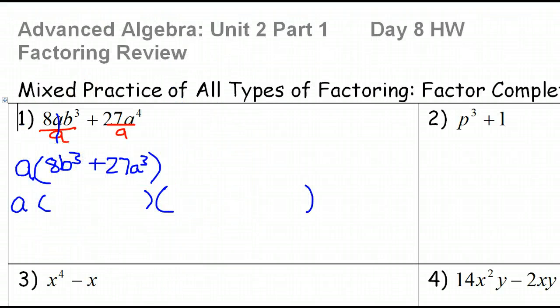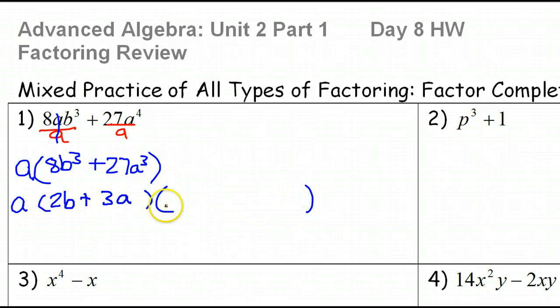So with that in mind, the root of 8 is 2. Obviously b to the third power comes from b. Bring down the sign. 27 came from 3, and a to the third power came from a. So it's the root of each one of these parts. That's how you get the binomial.